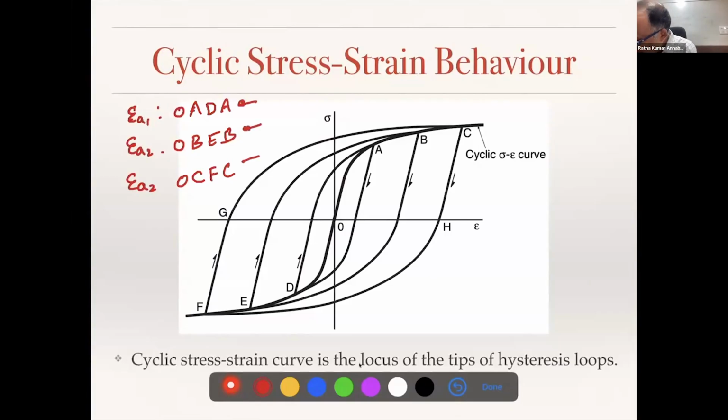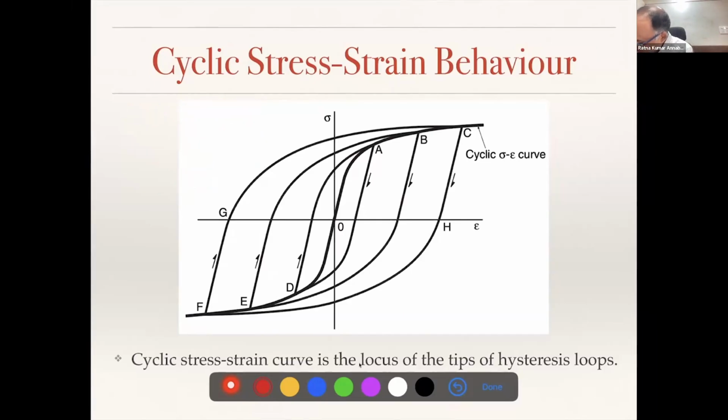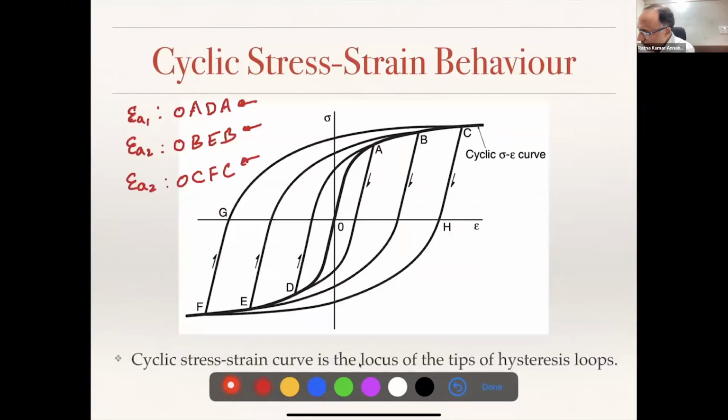I have drawn the saturated hysteretic loop. And now when you do that for this material, if you connect the points O, A, B, C and D, E, F, then basically the curve in blue is what we call the cyclic stress strain curve.